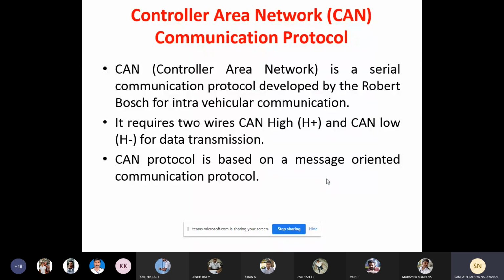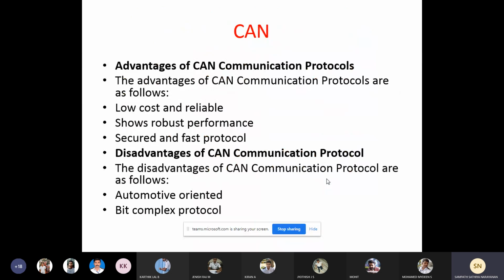This protocol is a message oriented communication protocol. The advantages of CAN communication: it is a very reliable communication protocol with low cost implementation, and a secured and fast communication protocol, but it is used only for automotive industries and is a bit complex protocol.